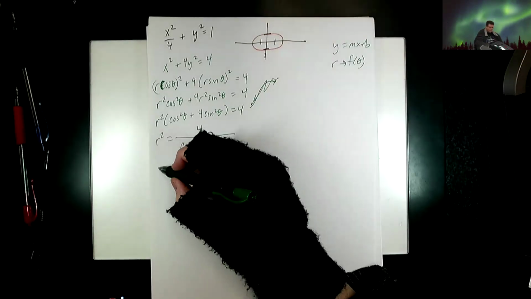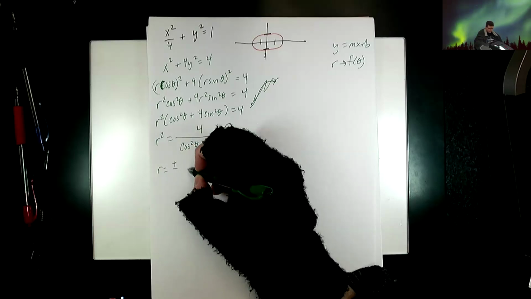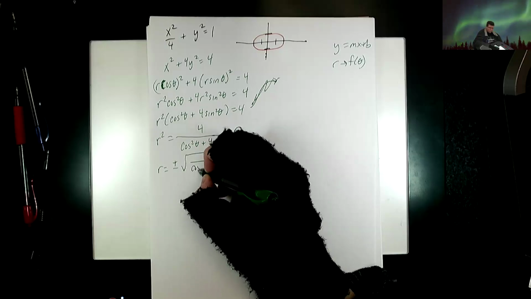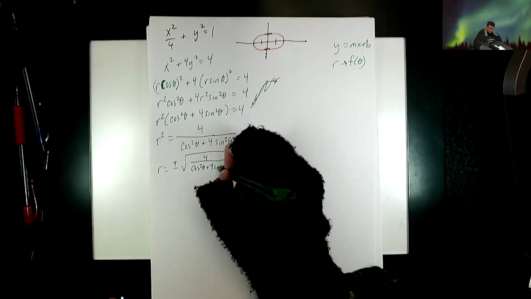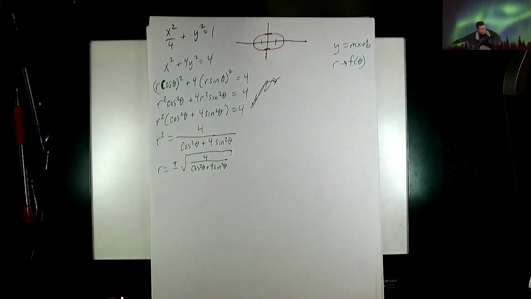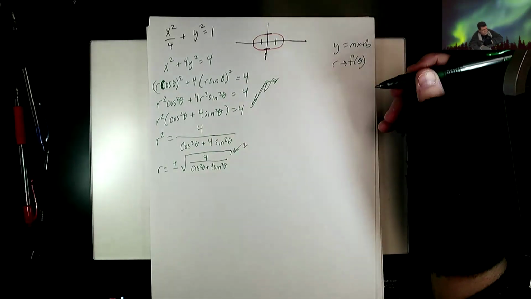And finally, we'll take the square root. And I realize the top cleans up a little bit, the top is going to be 2. The bottom doesn't clean up.